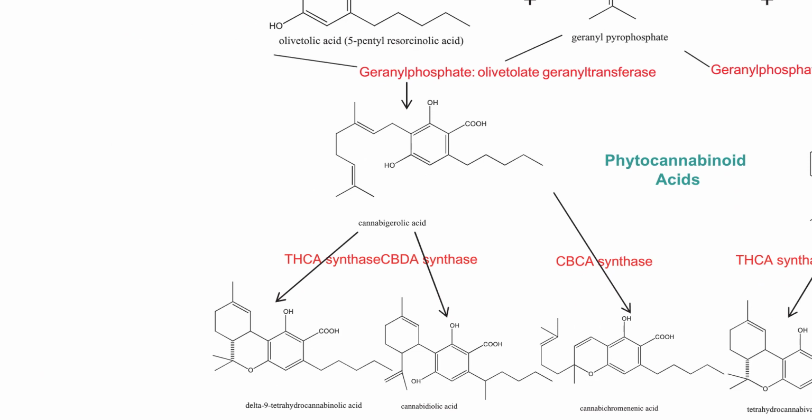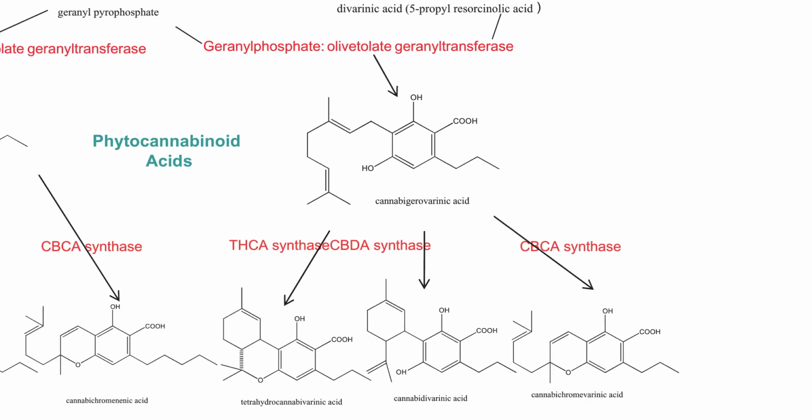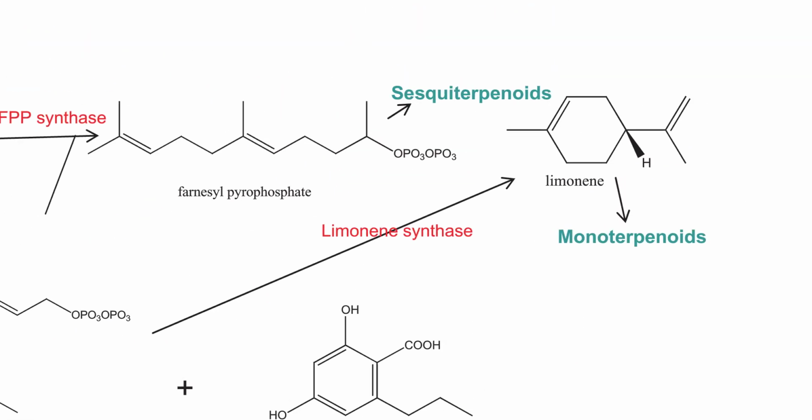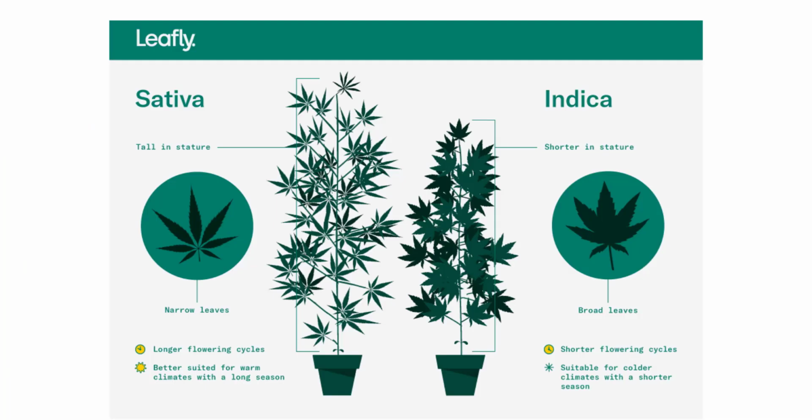Then, depending on the enzymatic exposure of that molecule, this will grow into delta-9 tetrahydrocannabinolic acid, or cannabidiolic acid, CBD, CBC, or even the CBVs and CBCs. But we also see when that molecule is exposed to limonene synthase, we start to see the formation of individual terpenes and terpenoids.